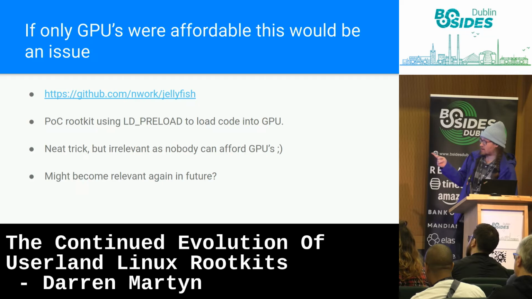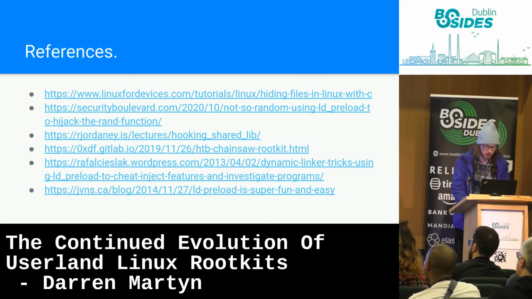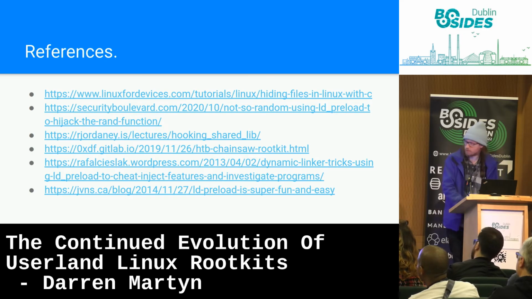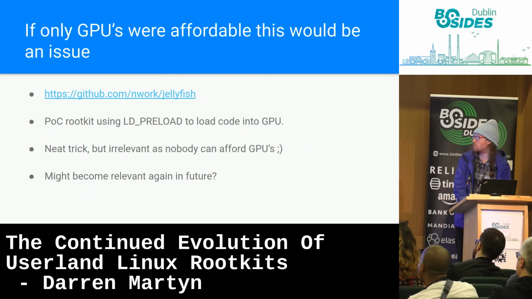But I can see that kind of stuff, hiding in weird bits of your system, being potentially where things go. And these are just references, and more references. And there will be yet more references on GitHub when I upload the slides and all the supporting material. The GitHub's just github.com/my name.